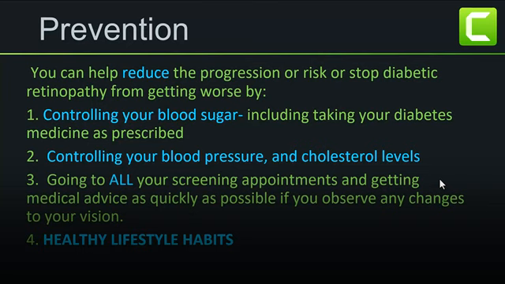And 4, which is very important, practice healthy lifestyle habits. When you control your weight, when you eat a balanced diet, when you exercise frequently, when you take measures to stop smoking, you can decrease your risk for the condition.